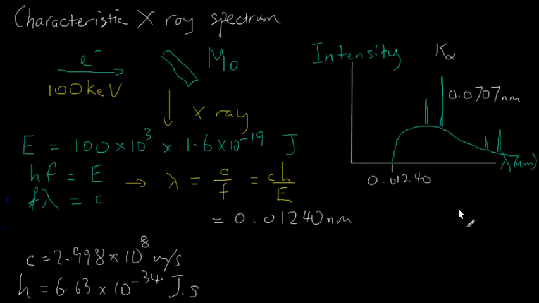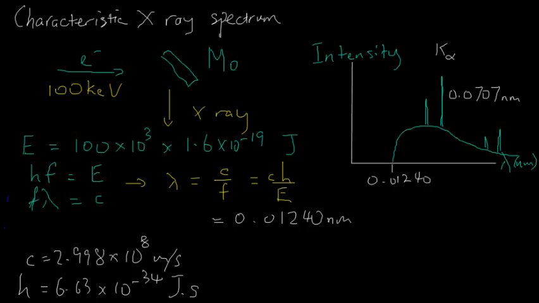As I mentioned in the last video, the K alpha spectrum is due to transition from the second orbit to the first orbit.